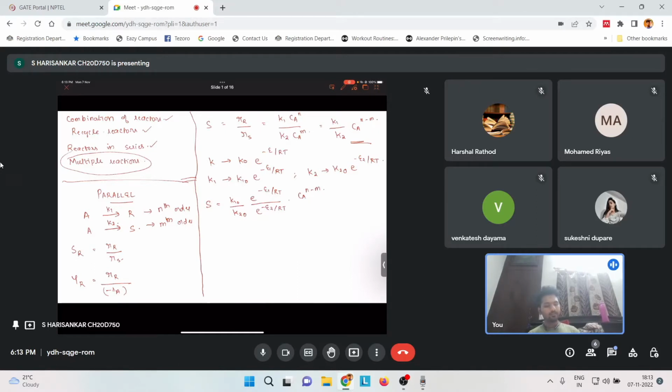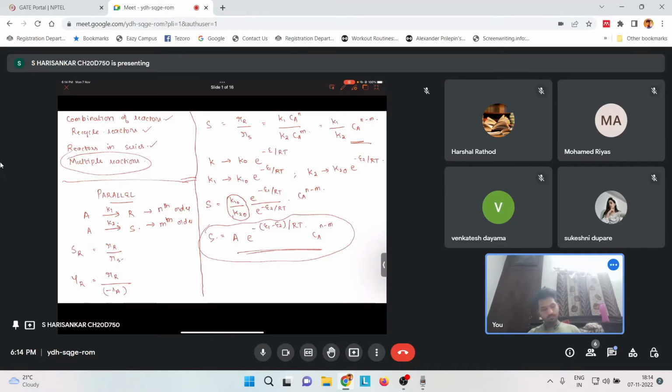Just take the denominator exponential to the numerator. So let us take this constant as some constant, let's say A. So A into e raised to minus of E1 minus E2 by RT, Ca raised to N minus M. So this will be the equation for selectivity of one product from a parallel reaction, right?